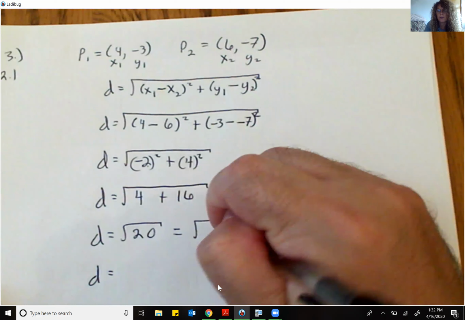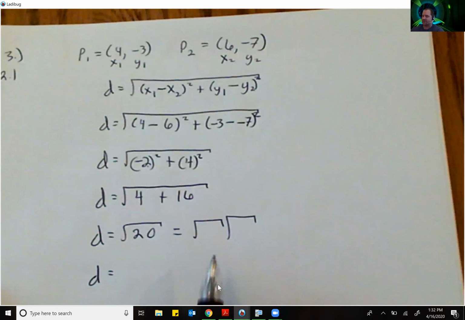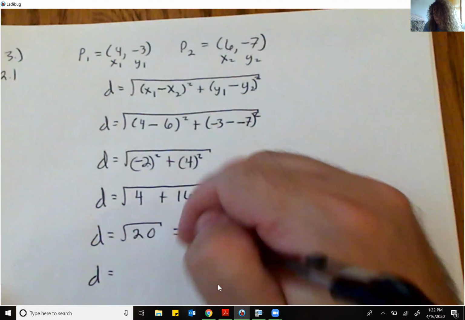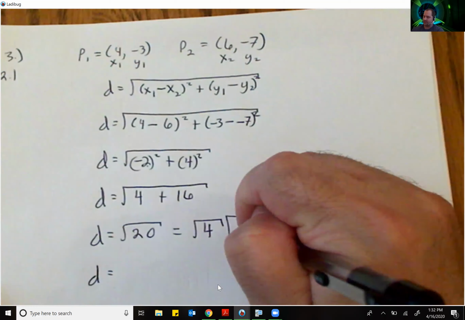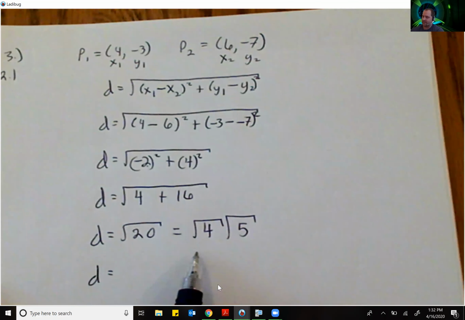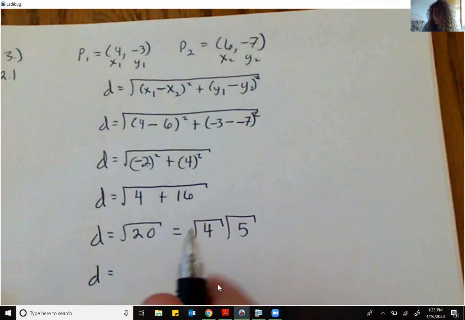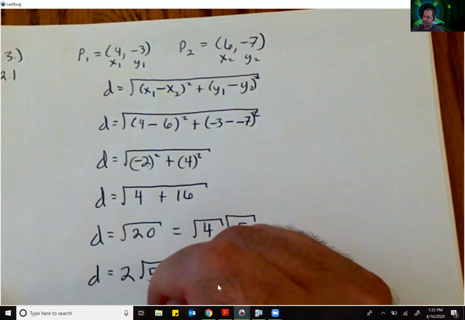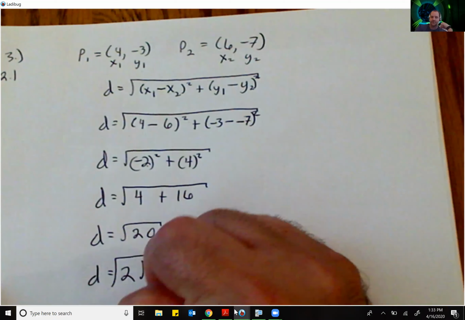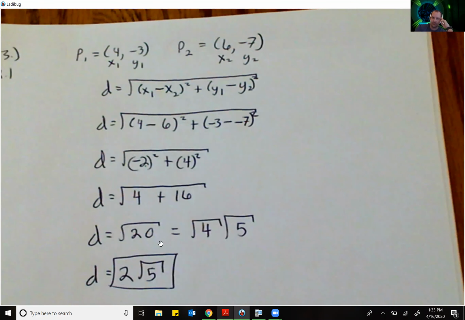The biggest perfect square that divides 20 is 4. 5 times 4 is 20. Square root of 4 is? 2. This is the square root of 5. So there's the distance. All we got to do is just find out which number it is.